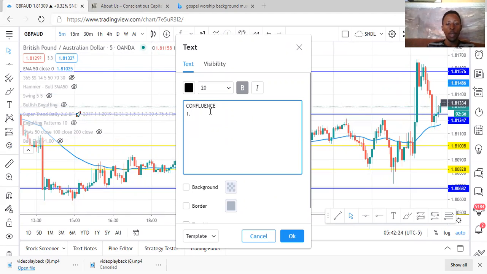Number one confluence, we are going to be looking at the key zone. Two, the 50 EMA.